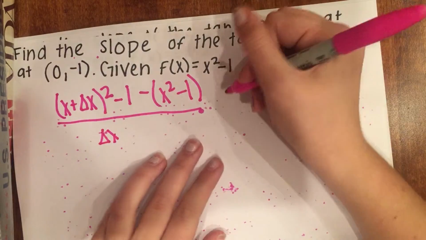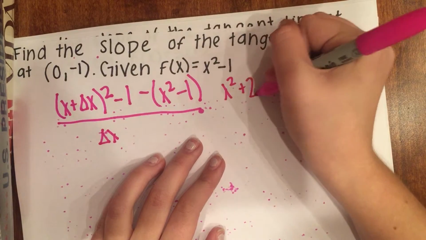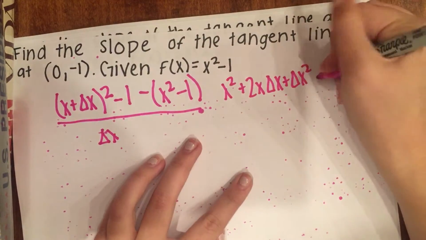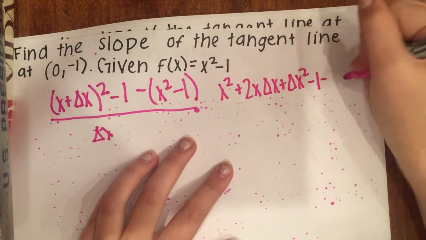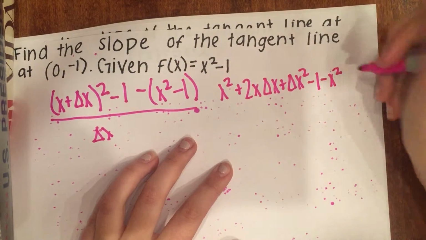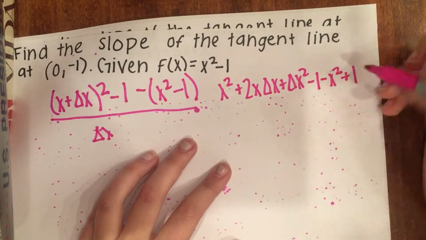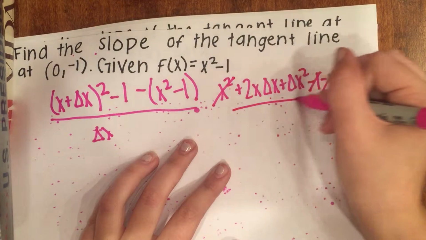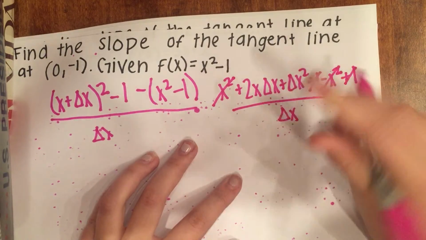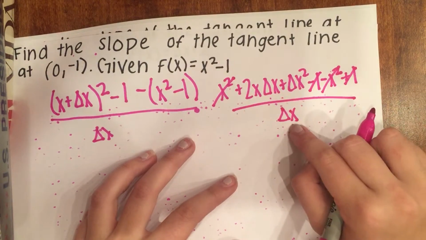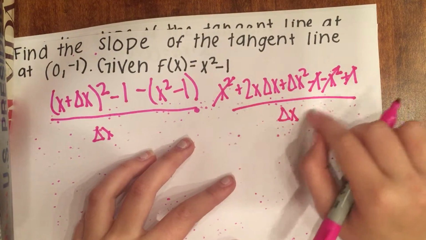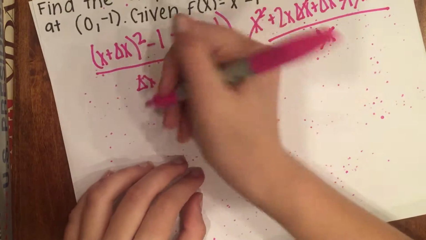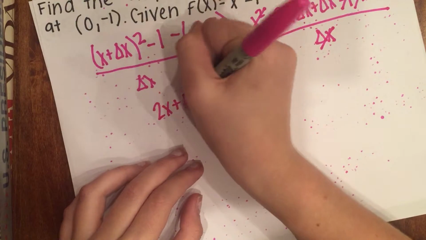So this part can be simplified as x squared plus 2x delta x plus delta x squared minus 1 minus x squared plus 1. So here, these two guys cancel out, and these two guys cancel out, and we're left with 2x delta x plus delta x squared with a little delta x underneath. So these guys cancel, and we're left with 2x plus delta x.